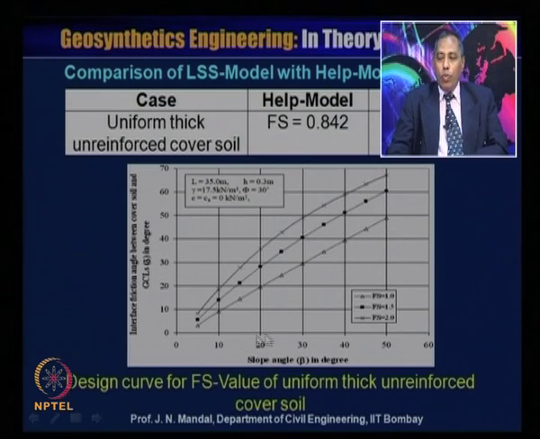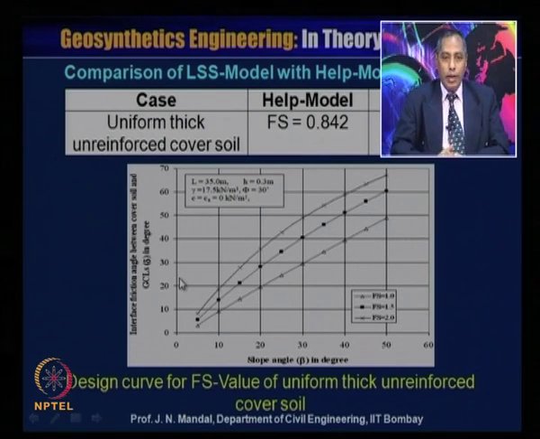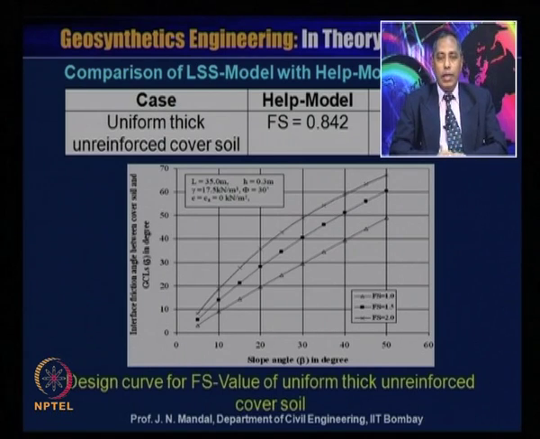So if you know the slope angle and the factor of safety you require, 1.5, 1 or 2, then accordingly you will know the friction angle, that means what friction angle you require.